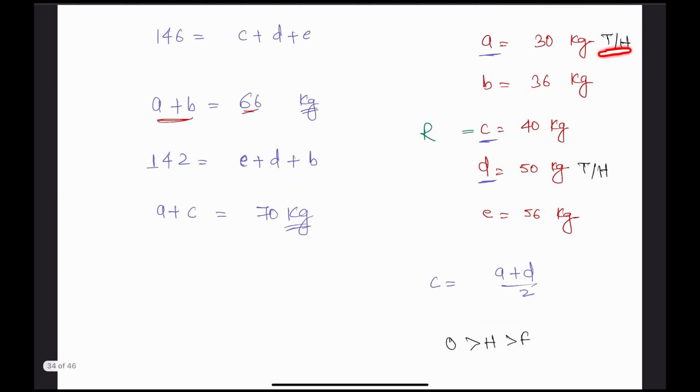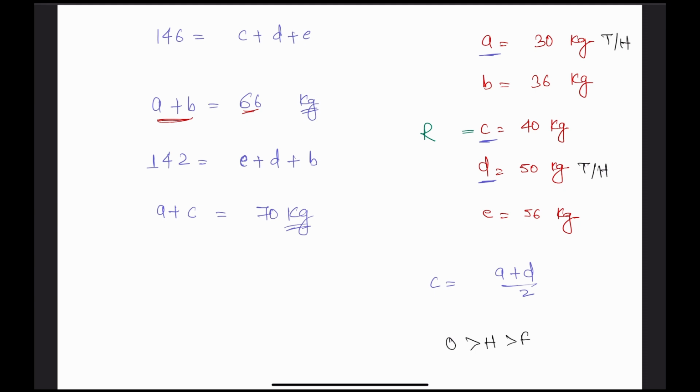Can we take this as H? Because in this condition H will be so small. H is bigger than F. So if we take 30 as H, then there will be nothing smaller than this.